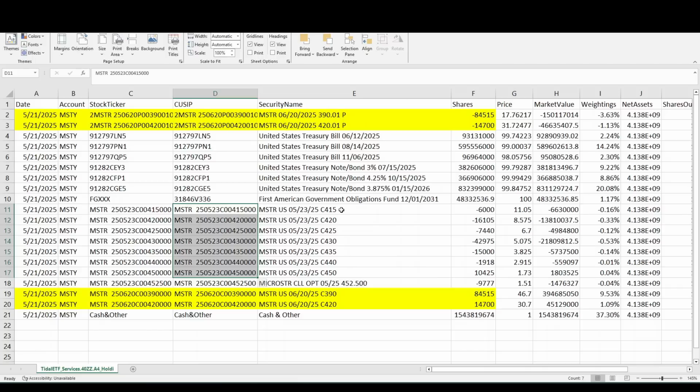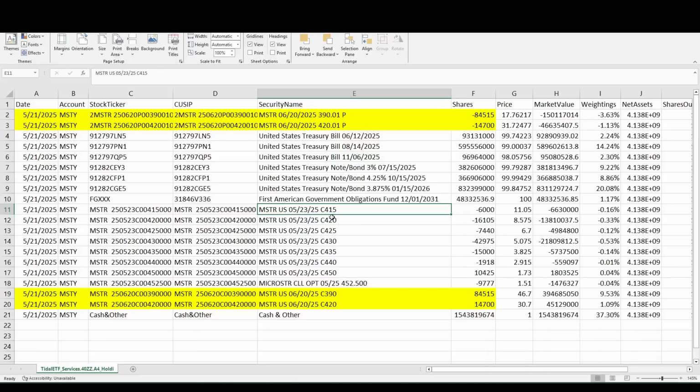So as long as MSTR does not get above the 415, then this one will expire worthless if they run it all the way out to expiration, and so forth. That one is the lowest. But currently, the price of MSTR is at 416, so right now this one is a little bit in the money. We'll see, do they go ahead and close that one, or do they wait it out?